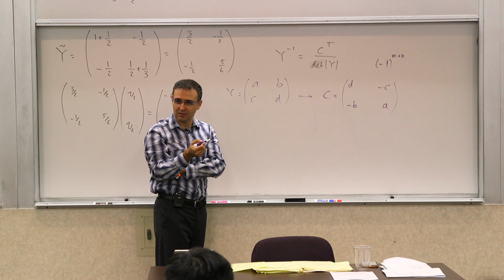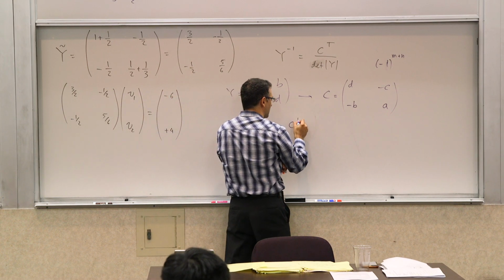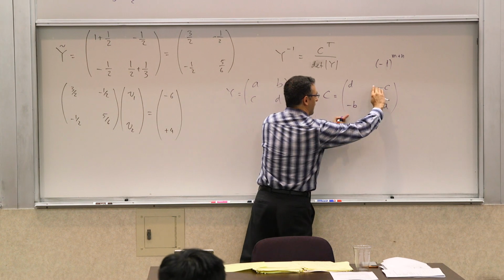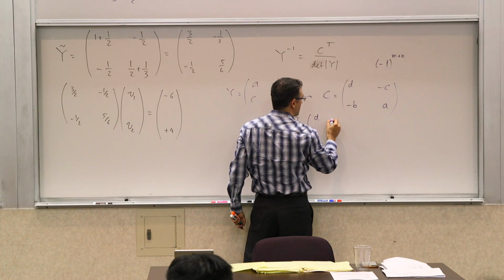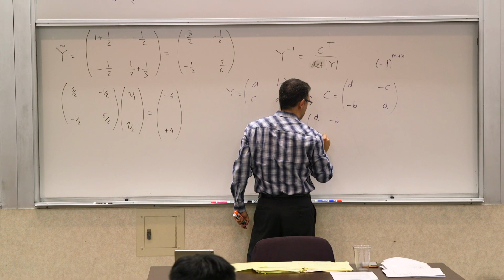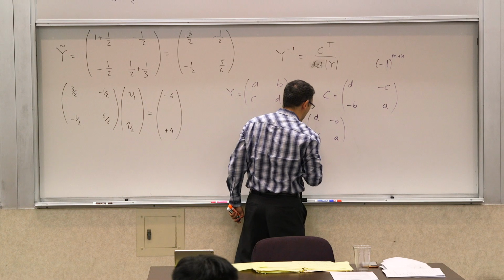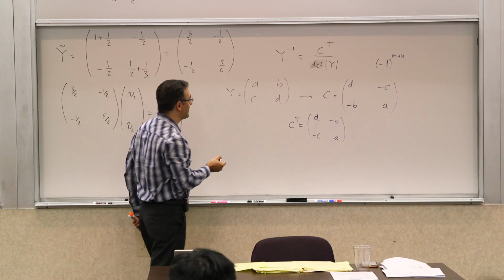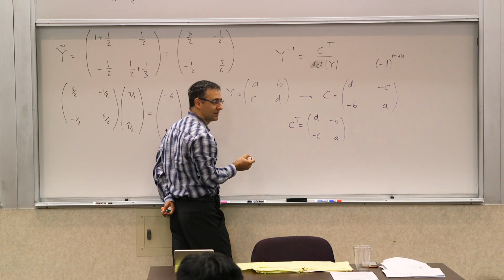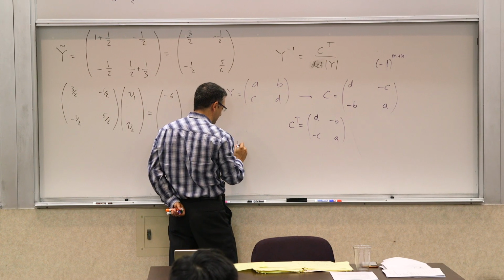I need to transpose it. So what is the cofactor transposed? Well, I flip these upper diagonal and lower diagonals, right? So I do D, negative B, negative C, A. And then the other thing I have to do is to calculate the determinant. What is the determinant of this matrix? What is the determinant of Y?